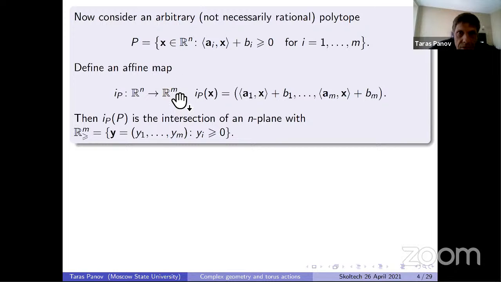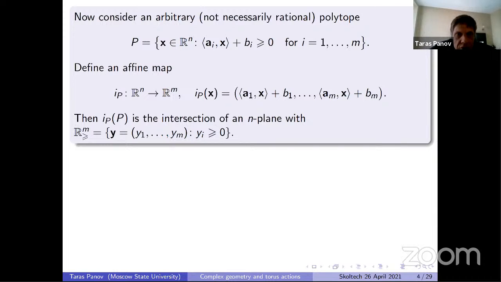So this m is the number of facets, the number of equations here, and n is the dimension of the ambient space of the polytope. So usually, for P to be bounded, m has to be larger than n. And in this way, you get a copy of your polytope inside this high dimensional space, and this copy sits as an intersection of an n-dimensional plane with this positive orthant.